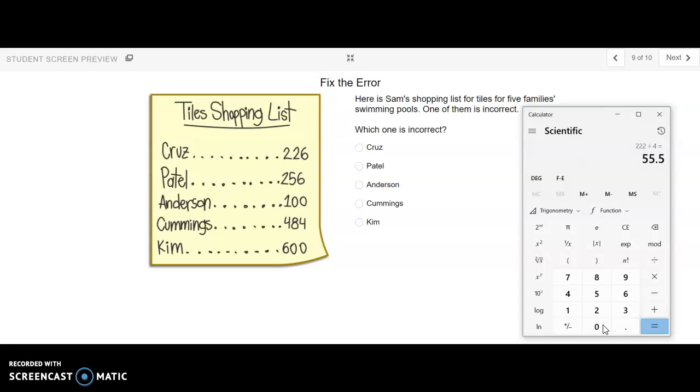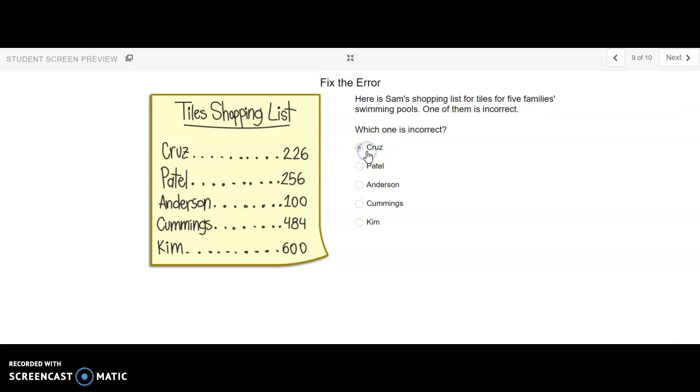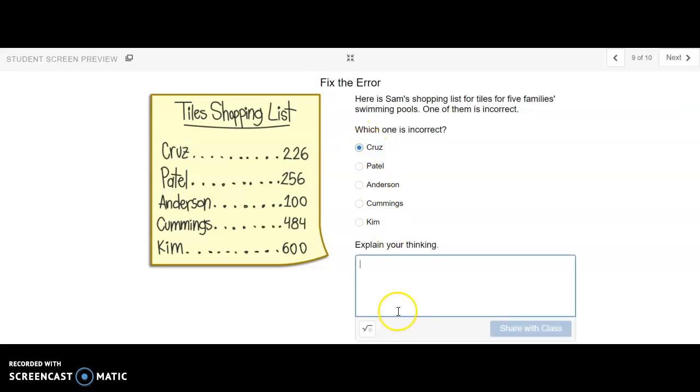I don't think so. So the person whose tile shopping list is wrong is Cruz, because his pool has a decimal. You could say his tiles have a decimal, or anything along those lines. His pool is not a perfect n by n pool.